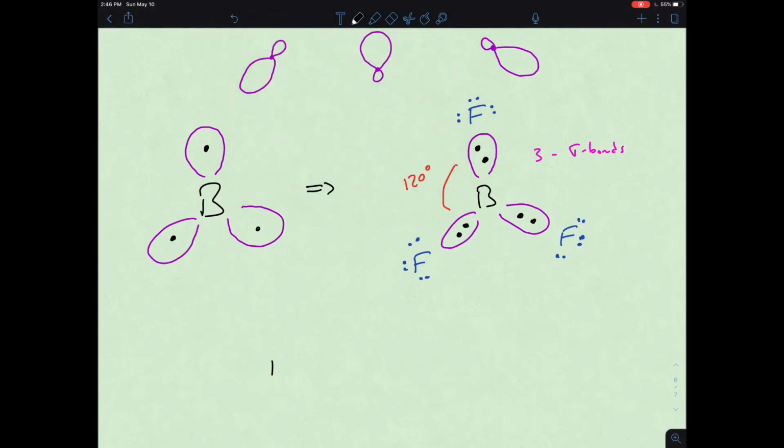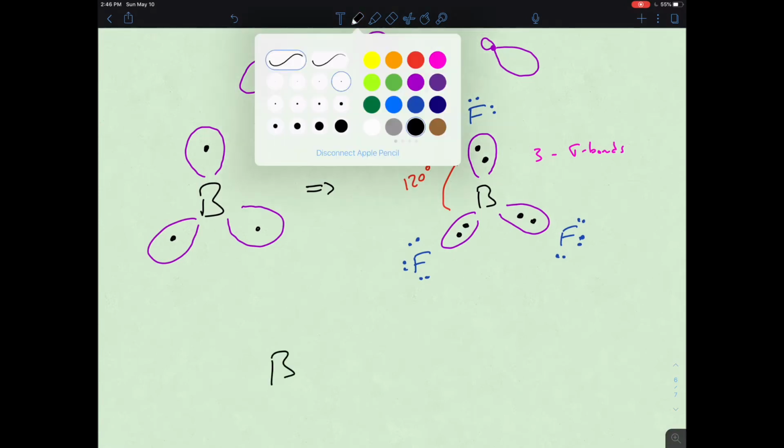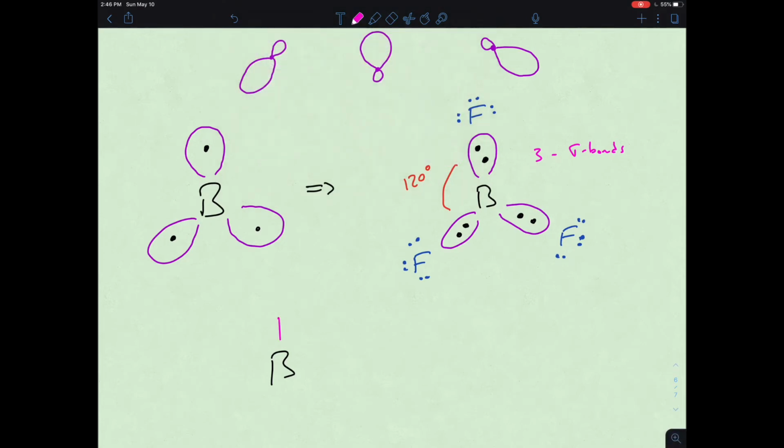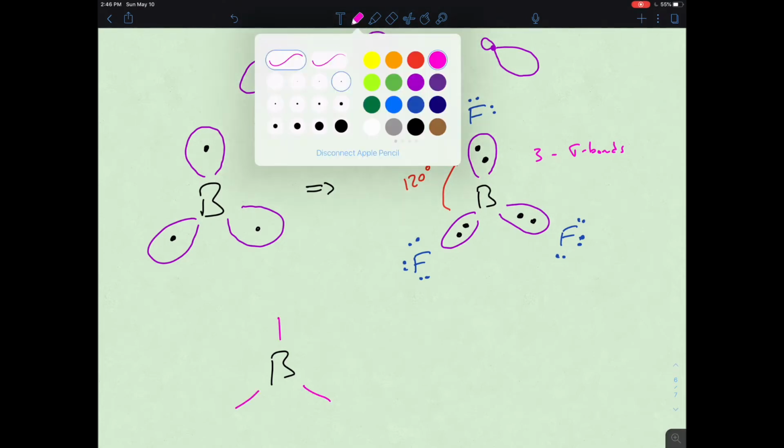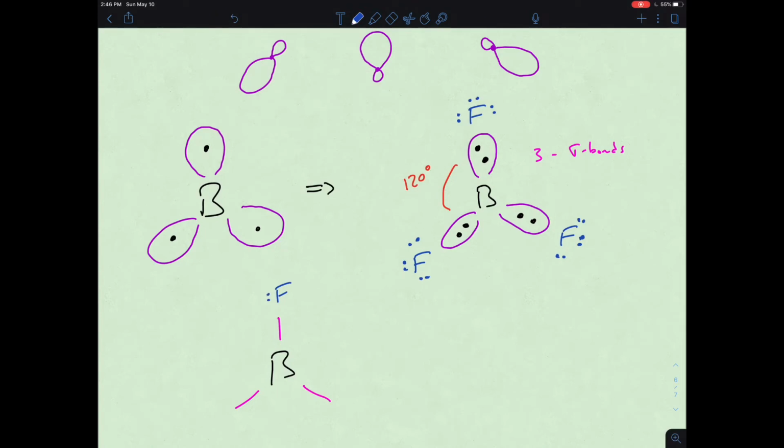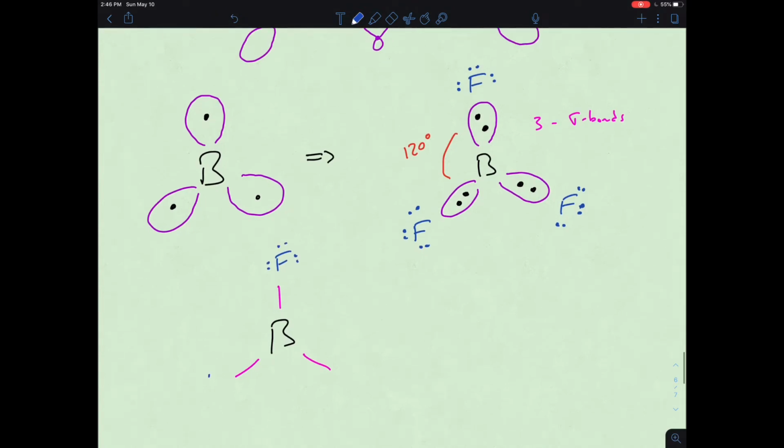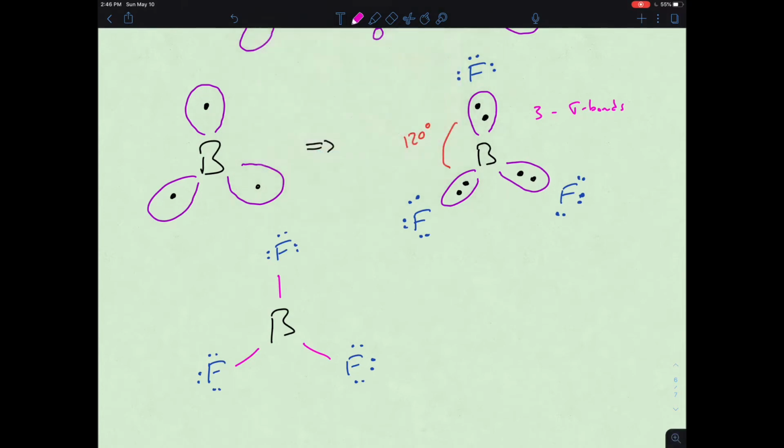So our boron maintains that trigonal planar shape. Here are our 3 sigma bonds from the hybridized orbitals that we have, right? These sp2 hybridized orbitals.